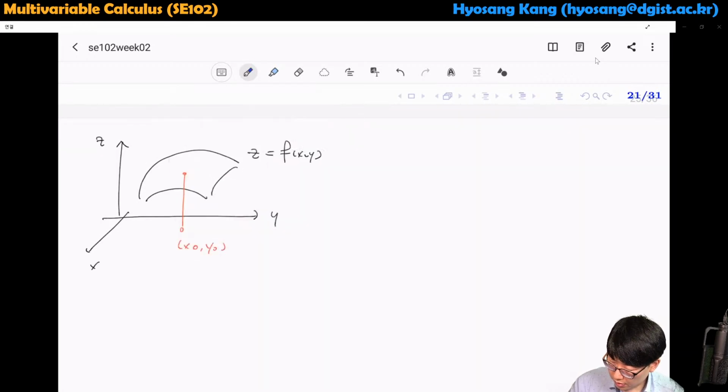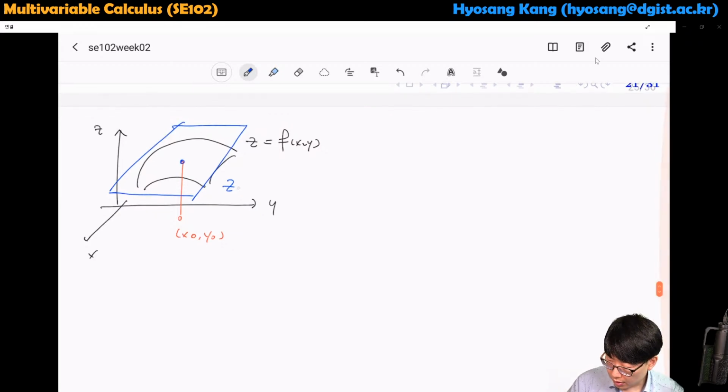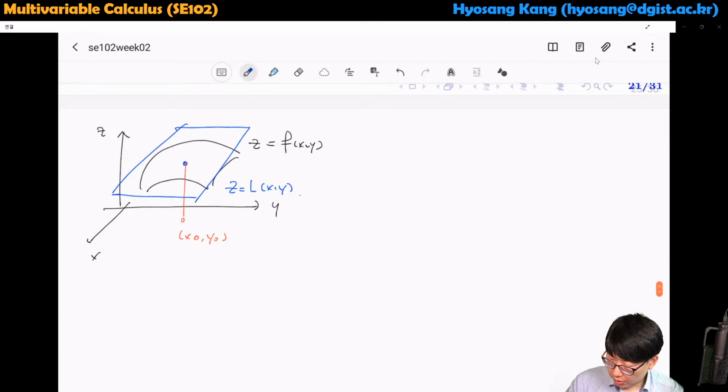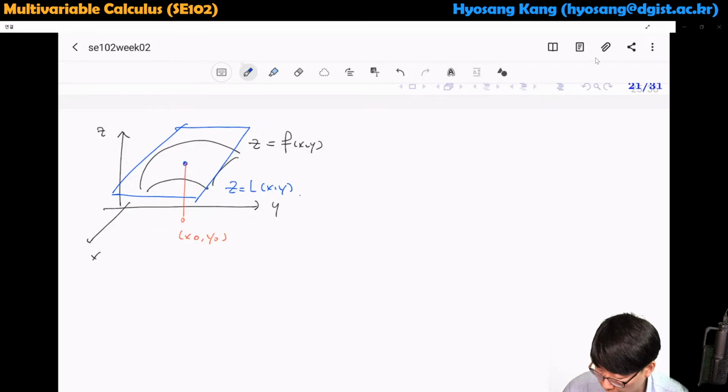The remark says that I can put a tangent plane at this point, which is tangent to the surface, and it is the graph of the linear approximation L. So think about the tangent vectors on the surface, the graph of the function. How do we get the tangent vectors? I want to get two tangent vectors of the surface at the point. This is our point of interest, P.